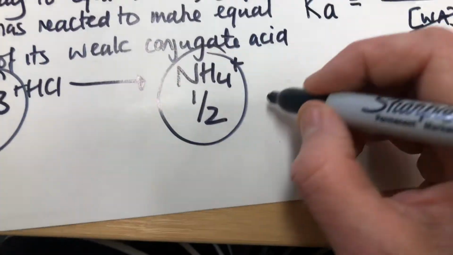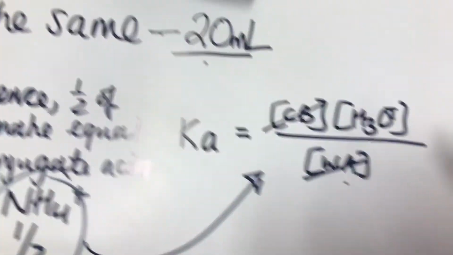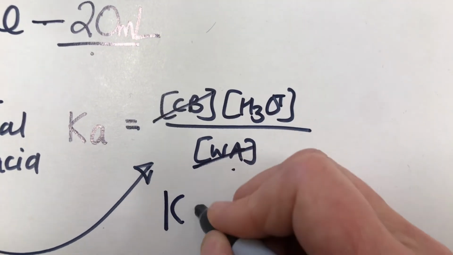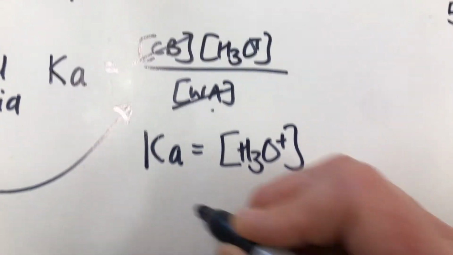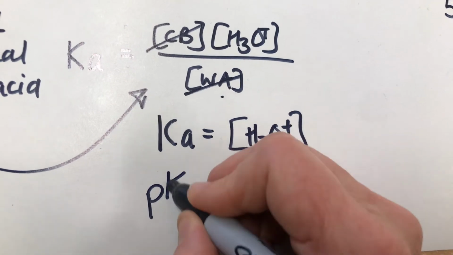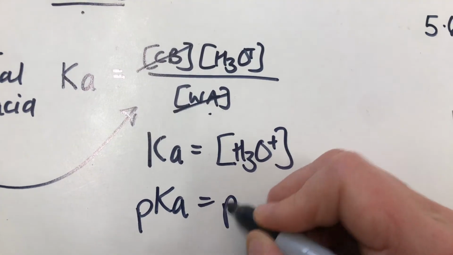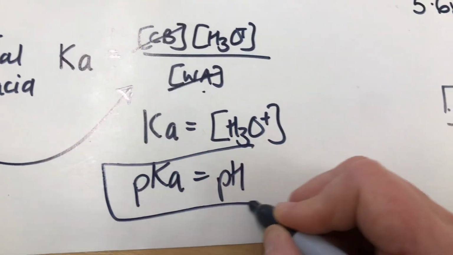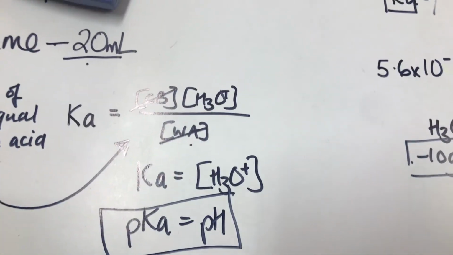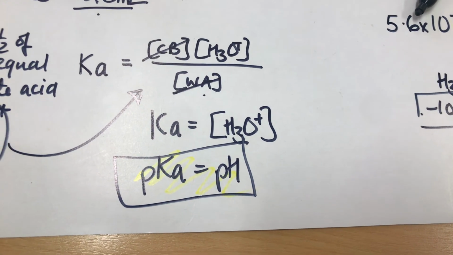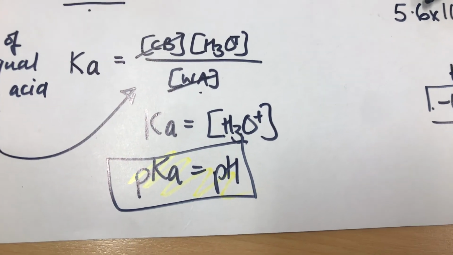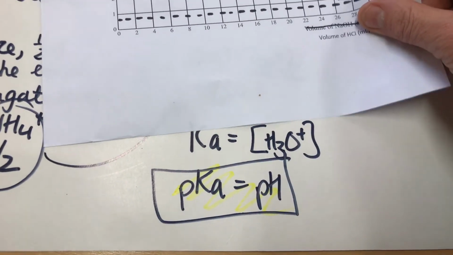And then we would relate it to this and go, because these two are now equal, they cancel out, and therefore my Ka equals my H3O+, and here comes the important bit: negative log this. Wrap this one in a big box and put some highlighter on it. This is really important. At halfway to the equivalence point, your pH always equals your pKa.